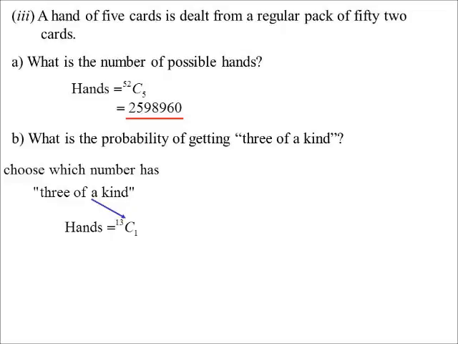So you think, okay, well, there's 13 different things I could have 3 of a kind in. But now that I've found out which one it's going to be, there's 4 of those in a pack of cards, and I want 3 of them. So times 4C3. But I now only have 3 cards. I have 2 to get from how many? 48. Why is it 48, not 49?